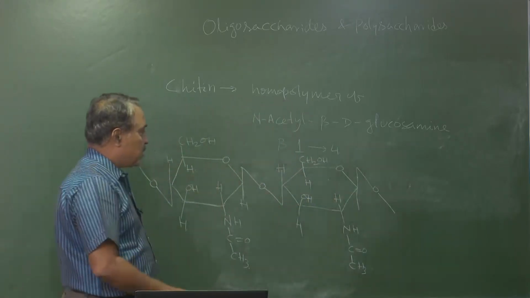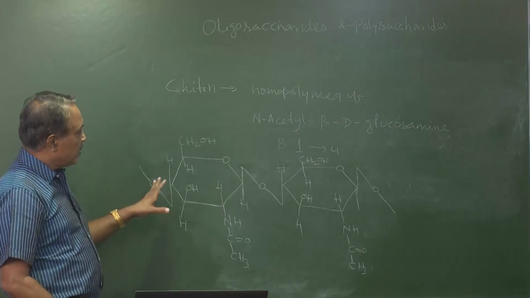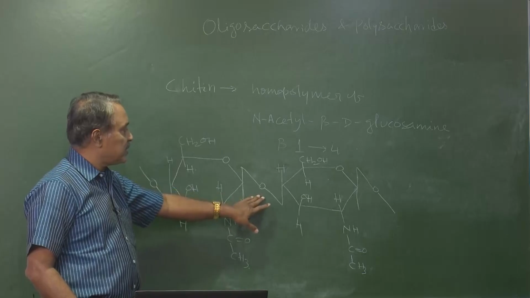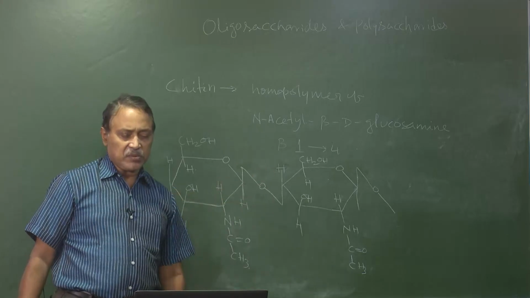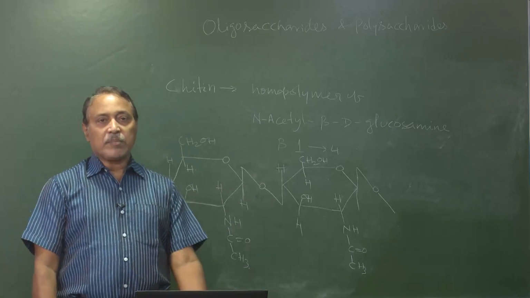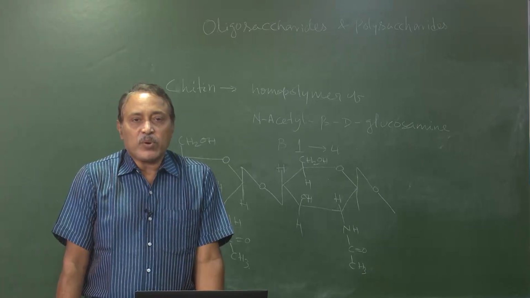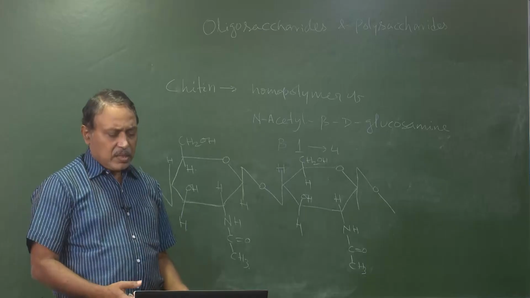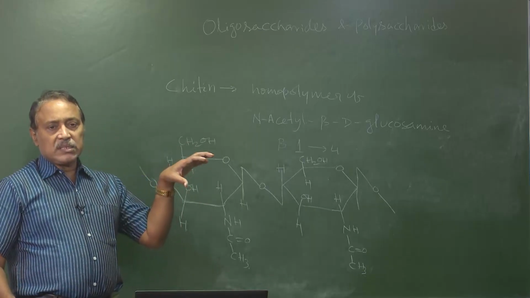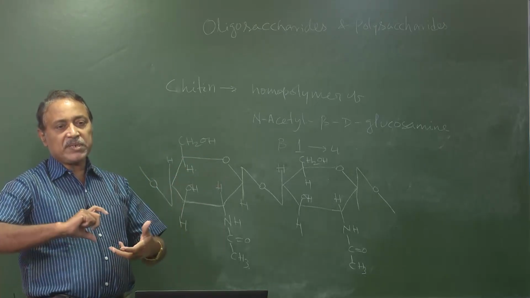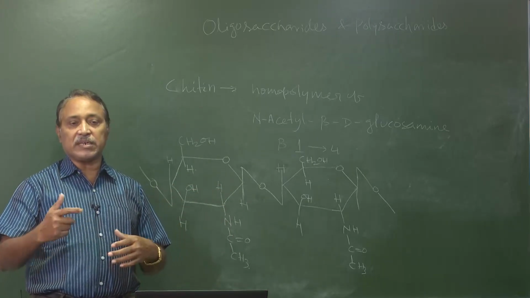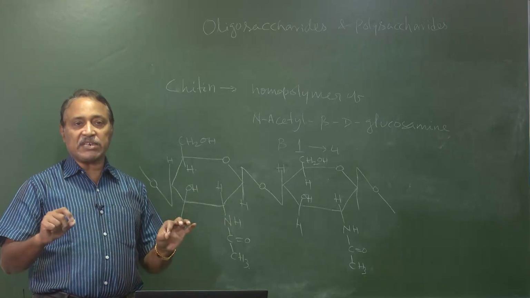So this is just the repeating unit, and it continues like that. Here this is the beta 1,4 linkage. These two are the repeating unit, joined by beta 1,4 glycosidic linkage. Now, in chitin the monosaccharide units are also flipped 180 degrees alternately. As a result, we get a straight chain.